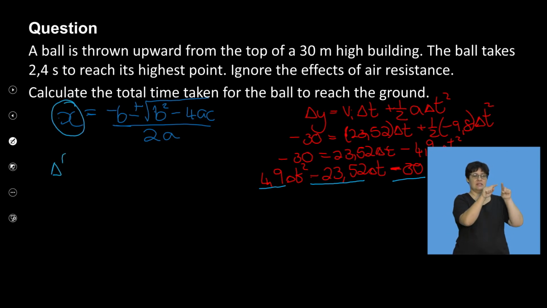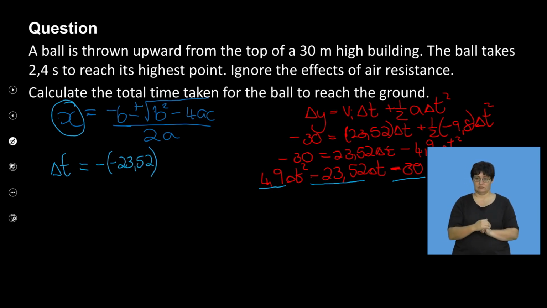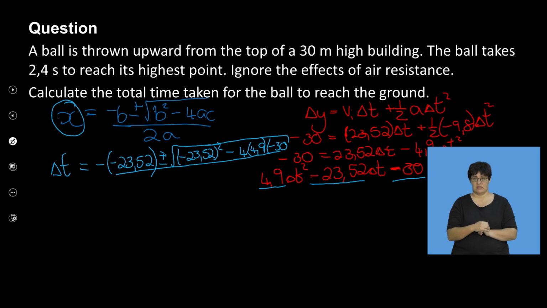So if we substitute it in, we're going to have minus 23.52, because it's negative, plus or minus the square root of minus 23.52 squared, minus 4 times 4.9 times minus 30, okay, all over 2 times 4.9.